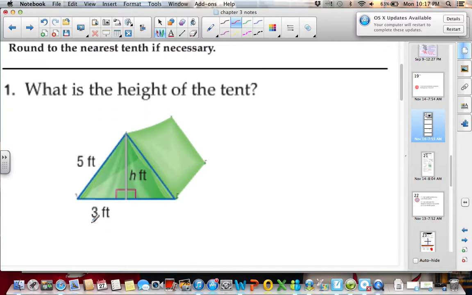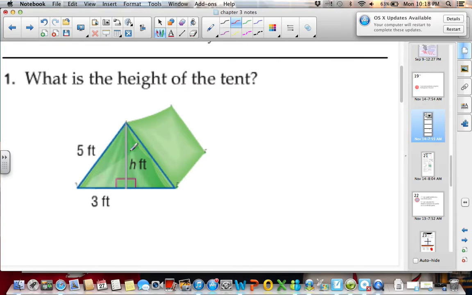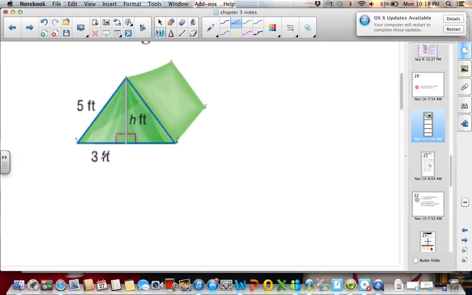What is the height of the tent? So height is this right here. Okay, as we can see, we have a triangle here, but we need to find the height, and we need to use this right triangle, and we can use the Pythagorean theorem to solve. Okay, so 3 and h are our legs of the triangle.